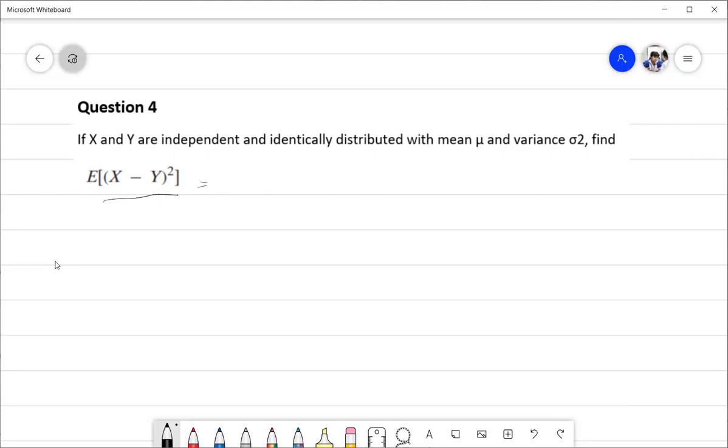So first I'm going to expand what's inside. Because it's a quadratic, I can expand this. So I can denote this as x square minus 2xy plus y square.